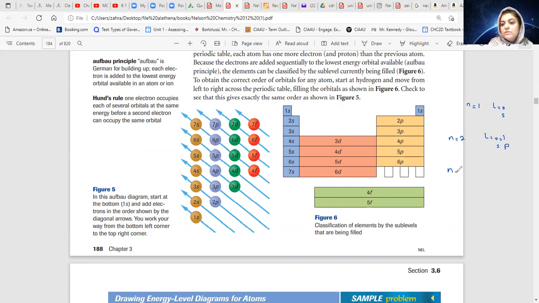For energy level 3, L is 0 to N minus 1, so 0 to 2, which is 0, 1, and 2. This is S, P, and D orbital.